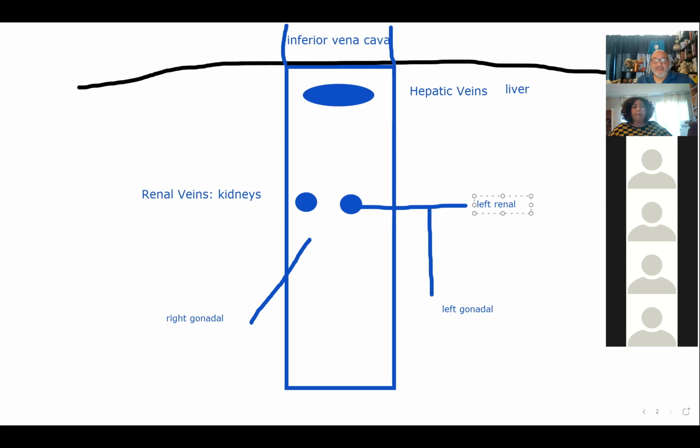We have a superior and an inferior mesenteric. We have the common hepatic artery. We have all these things that go to the stomach, to the small and large intestine, and to the liver.